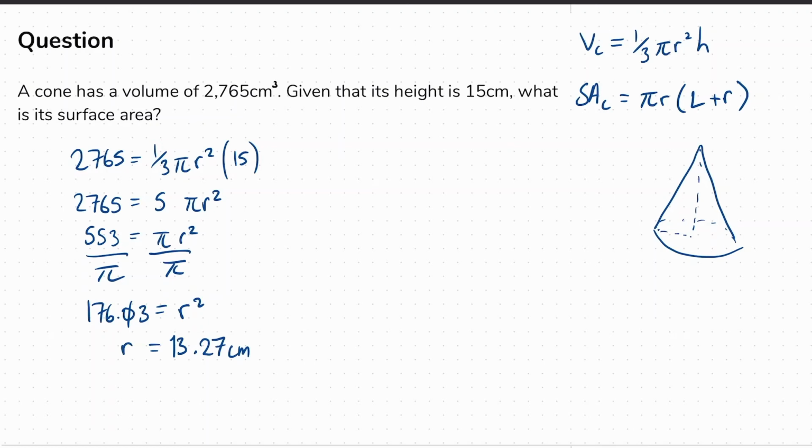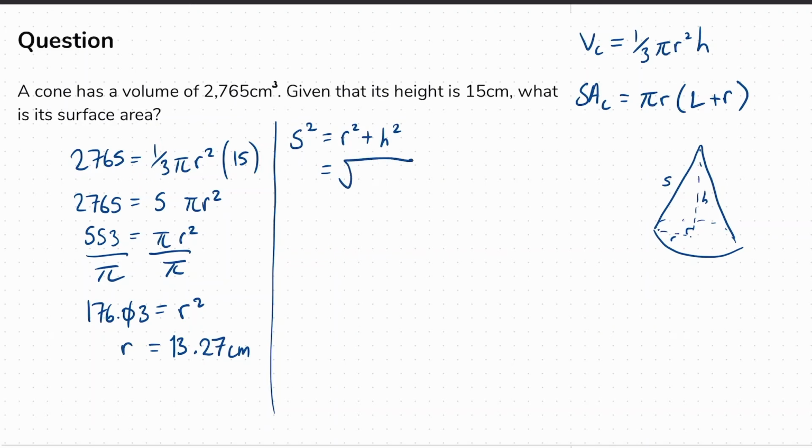To find this slant height, we're going to have to make use of Pythagoras' theorem again. So in this instance, the slant height squared is equal to r squared plus the height squared, which is 15. Let's just keep it like this for the moment.